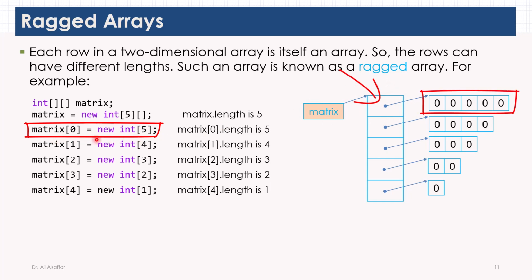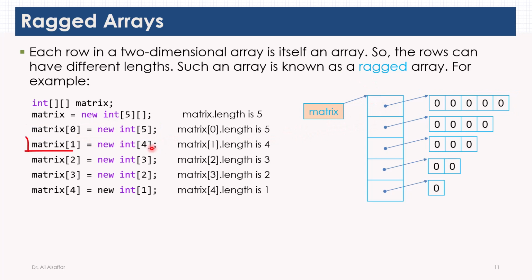So here we are creating a one-dimensional array of size 5, and its reference is saved into matrix[0]. Next, we create a one-dimensional array of size 4, and its reference is saved into matrix[1]. And so on until the last array of size 1, whose reference is saved into matrix[4]. So this is how to create rugged arrays such that every row is pointing to a one-dimensional array of different size.